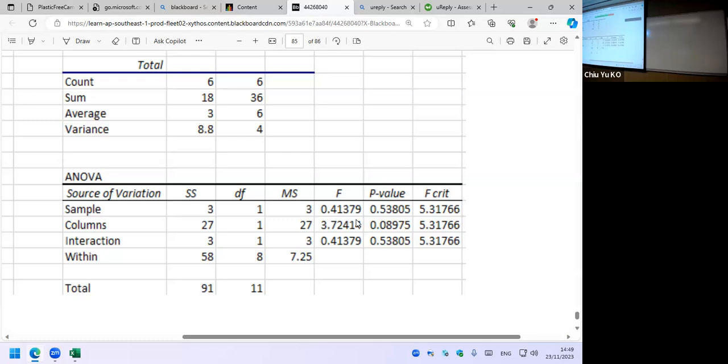Interaction asks whether there are differences for particular combinations. Maybe there is no difference between age groups or between genders, so men and women are the same and age groups are the same, but maybe old men want to spend more in particular.